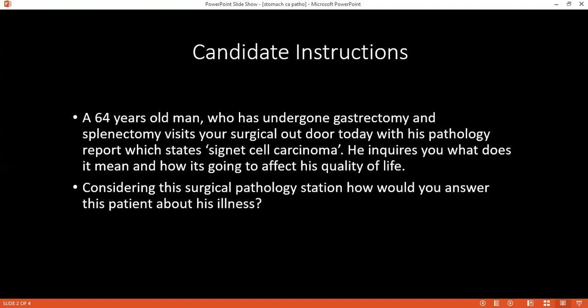What is Krukenberg tumor? Krukenberg tumor, ma'am, is when it is spread to the ovary in female patients, or around the umbilicus. Yes, good. These are the characteristic things which happen especially in this condition.